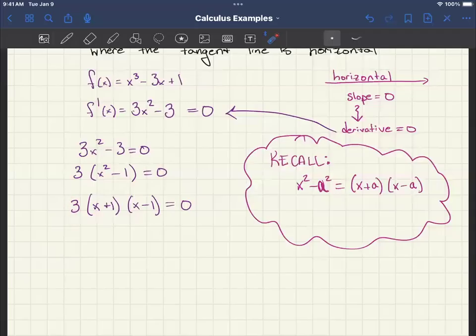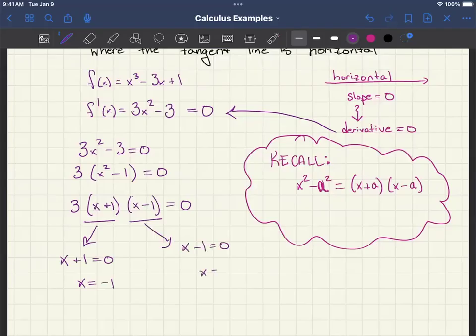And if you feel uncomfortable about it, you can divide both sides by 3 to get rid of the 3 that way. We are going to start off with x plus 1 is equal to 0, which will give us the solution x equals negative 1. And then our second solution will be x is equal to positive 1.